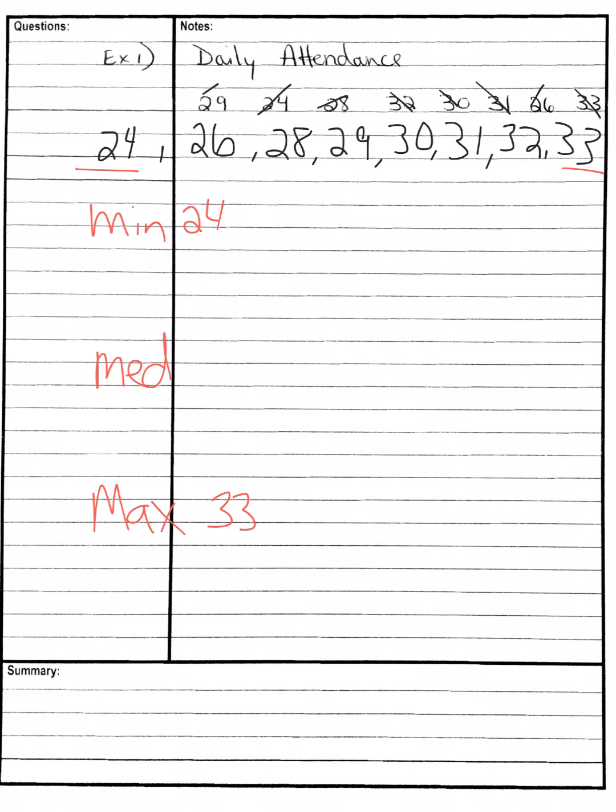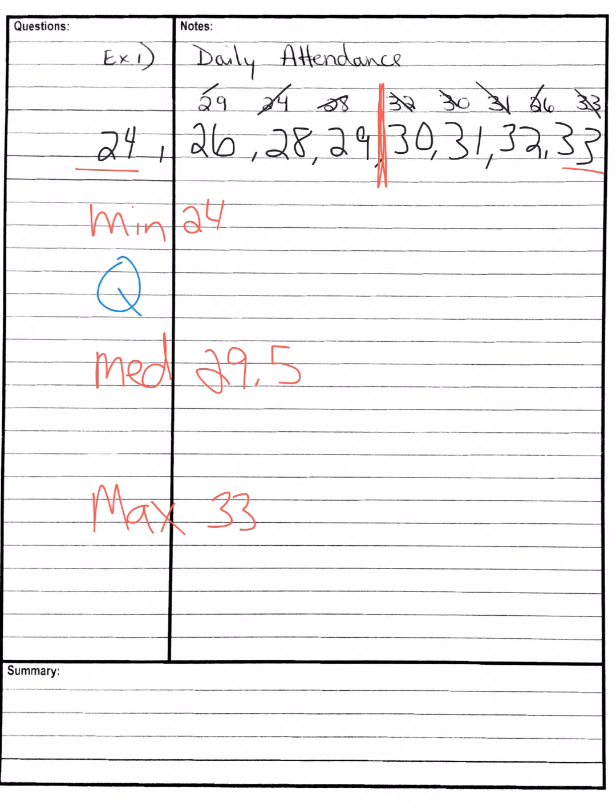To find our median here, I'm crossing them off as I go. It's between the 29 and the 30. So what is halfway between 29 and 30? I draw a line there. It's 29.5. Now, those should be easy. That should be all previous information and knowledge that you know.